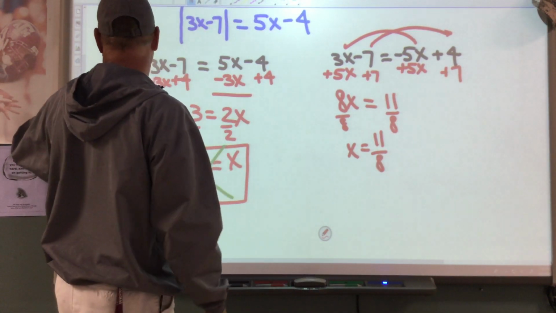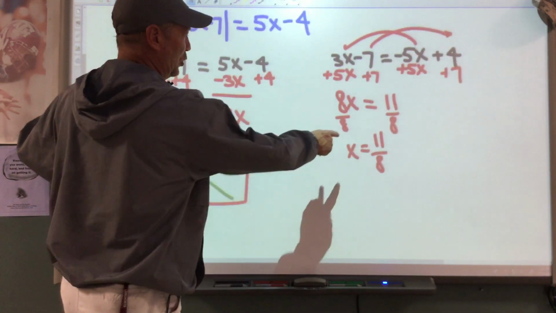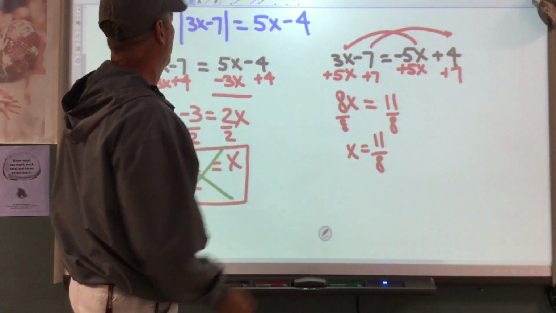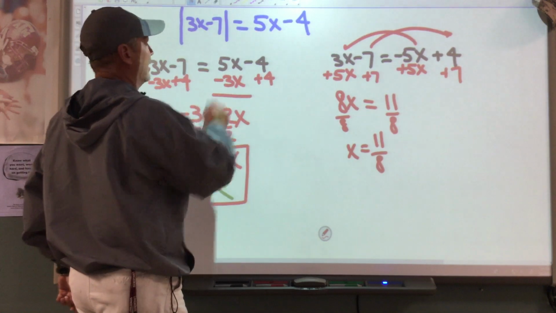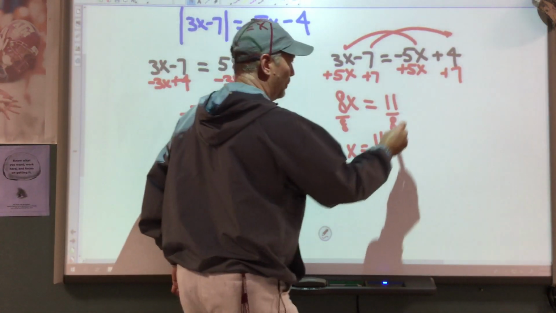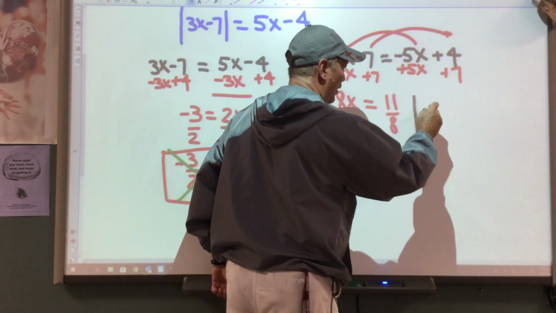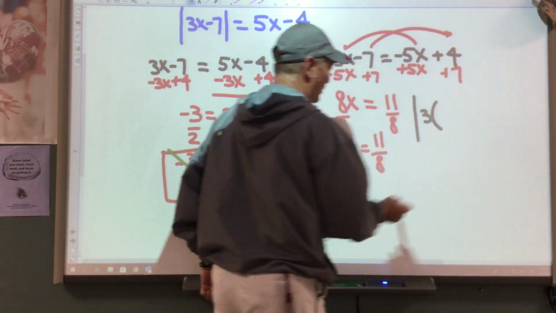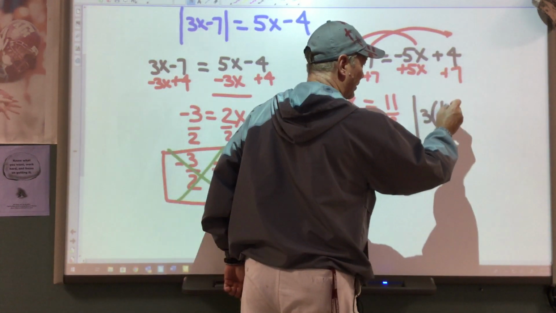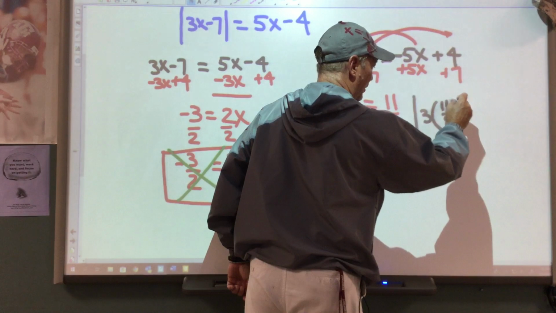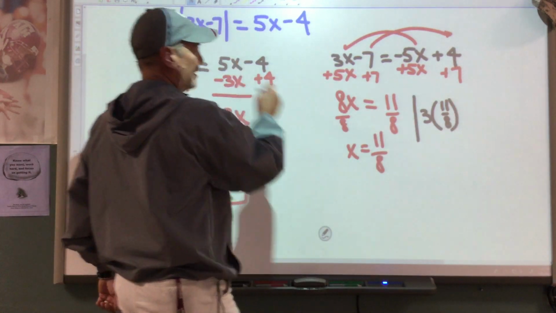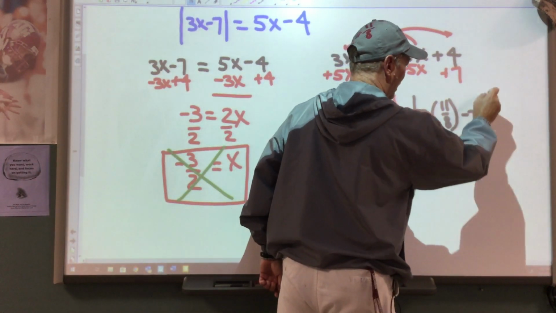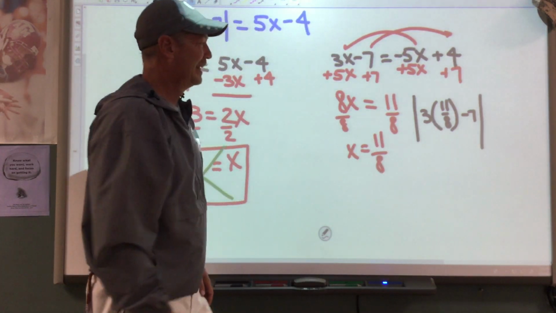Okay. So we have to substitute this in to our problem. Okay? It says the absolute value of 3 times 11 over 8 minus 7. There's your absolute value.